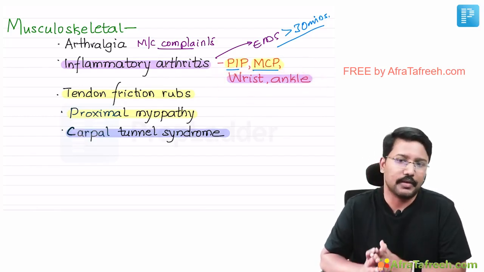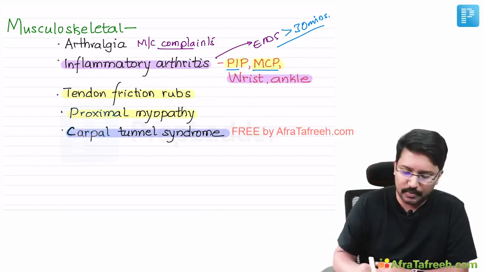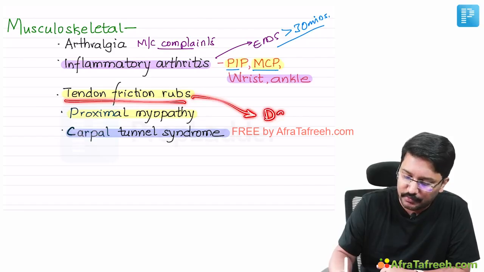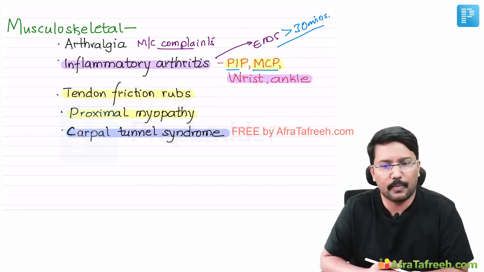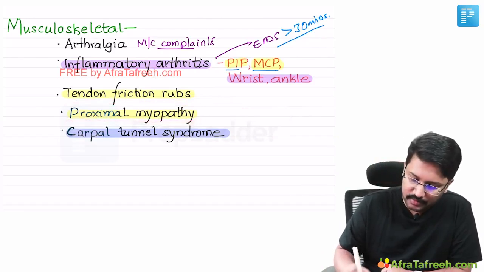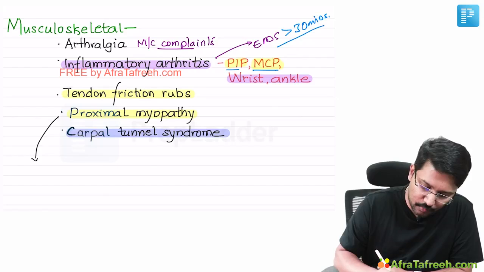Other than that, we already know that patients can develop tendon friction rubs, which correlates more with the diffuse cutaneous variant.